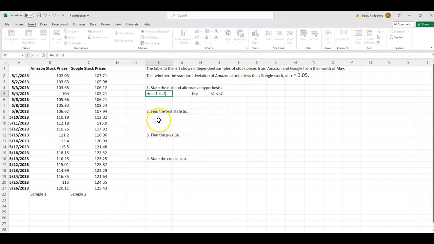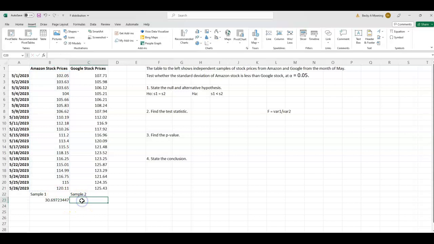Now, for the test statistic, in case you have forgotten, the F statistic is taken by the variance of the first divided by the variance of the second. So we need to find the sample variances. I'm going to type in var, and I need S because this is a sample. So I'm going to go ahead and get my sample size here.